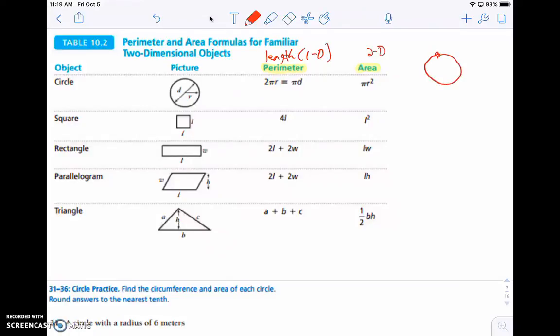If you were to pick this point and kind of make a slice right here and unravel the circle, then you have the point, and then it would extend out as a line segment. And so really, when I'm looking at perimeter, you're just looking at length.